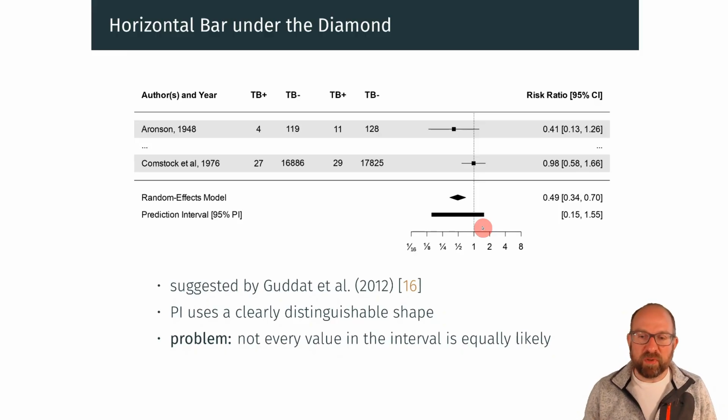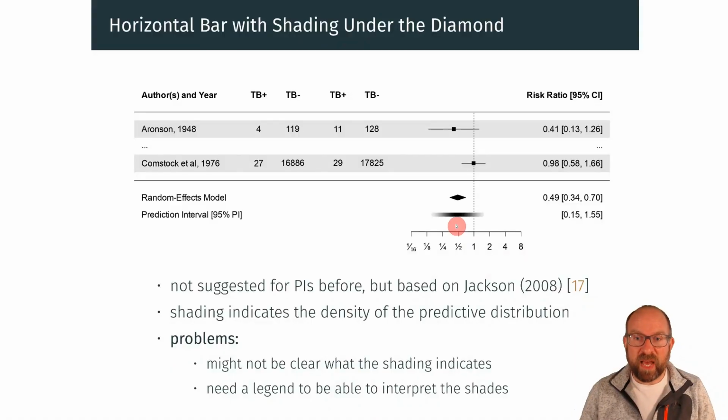The problem with this is that it may suggest that every value in the prediction interval is equally likely, but this is not actually the case. In particular, values at the center of the prediction interval are much more likely than those at the extremes here, and we could indicate this using shading, where darker colors represent more likely values and these lighter shades of gray less likely values.